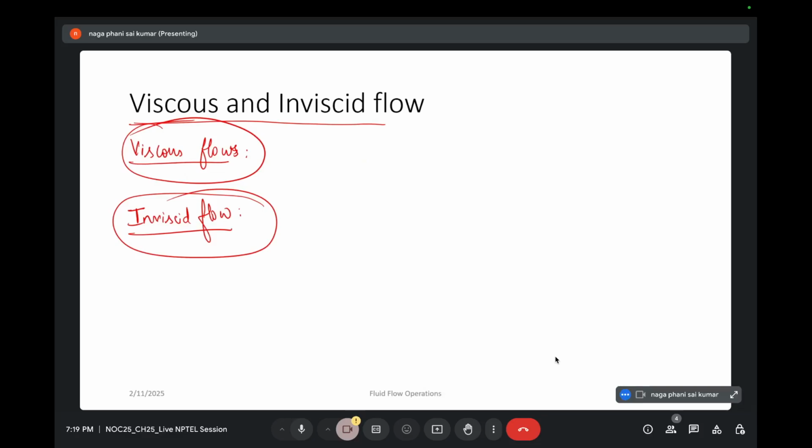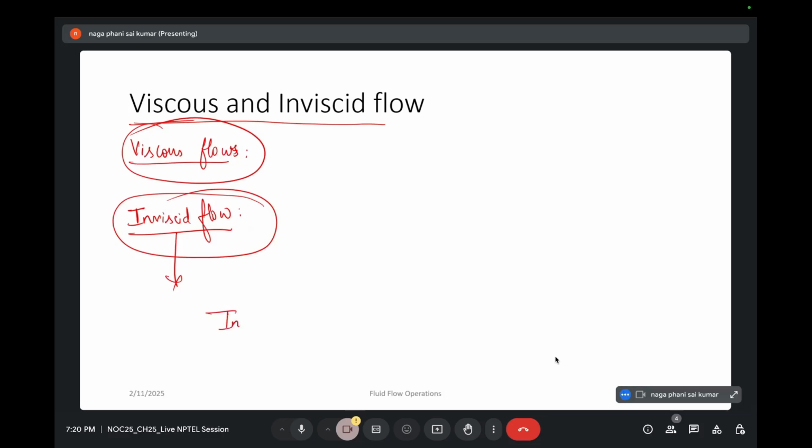In one case you have to take viscous force into account, in the other you can neglect it. Obviously when you are neglecting a term, it makes the problem easier to solve. Let's say you have developed a mathematical equation for both flows. Which one do you think will be easier to solve? Obviously inviscid flow, because you are neglecting viscous forces, so the problem becomes simpler.